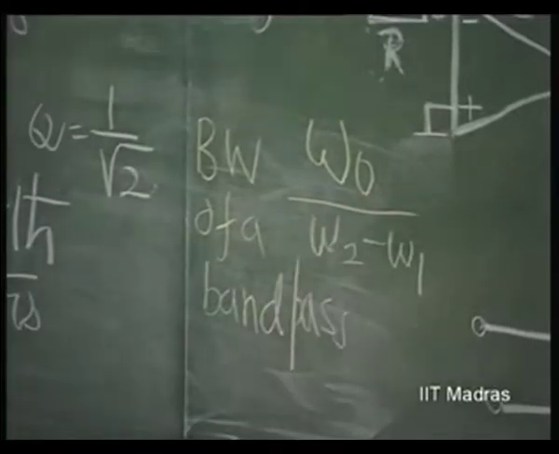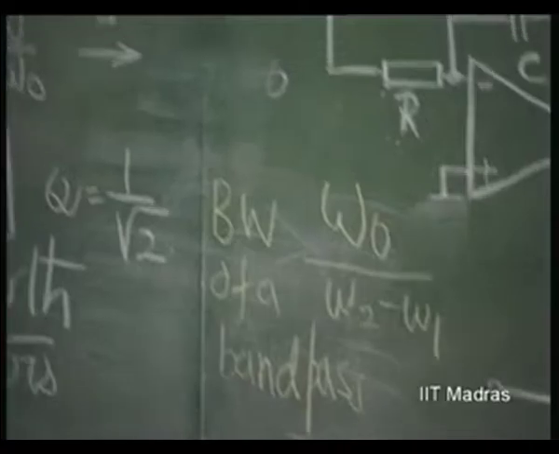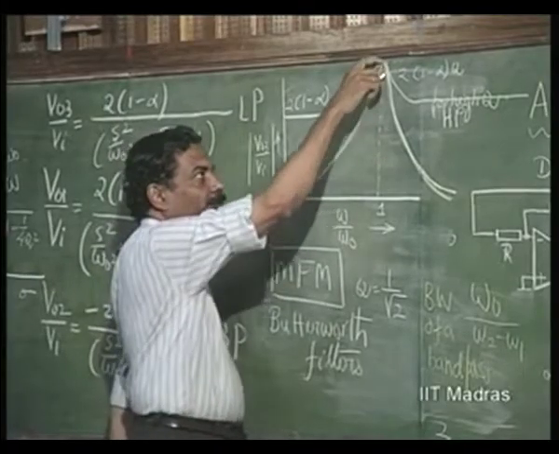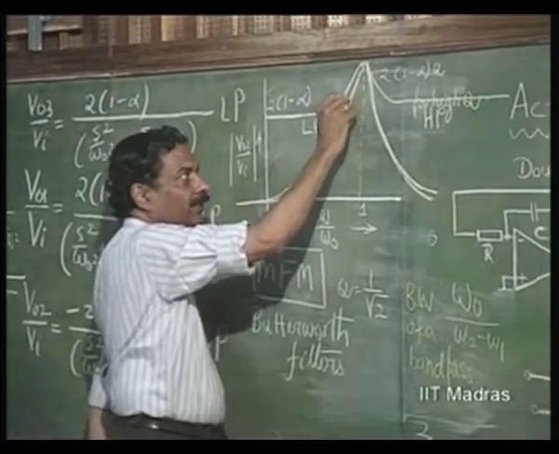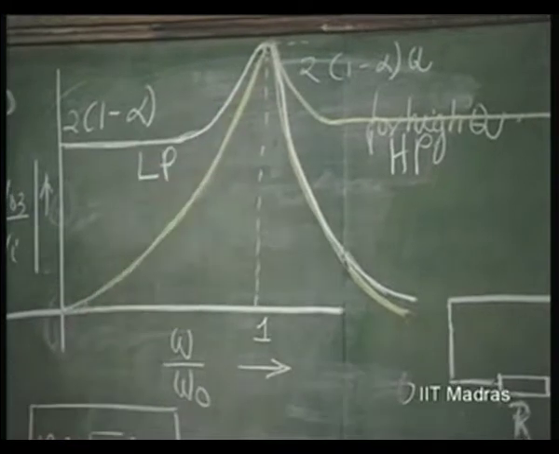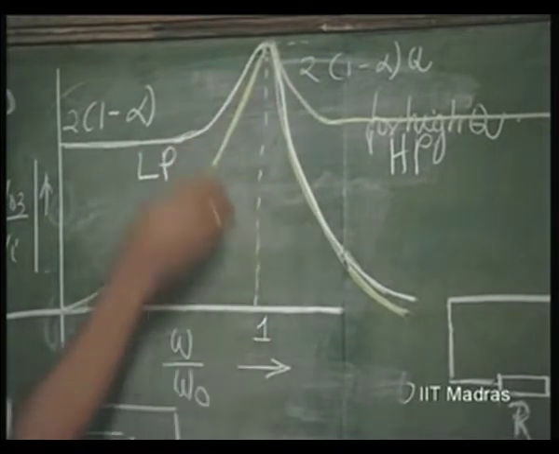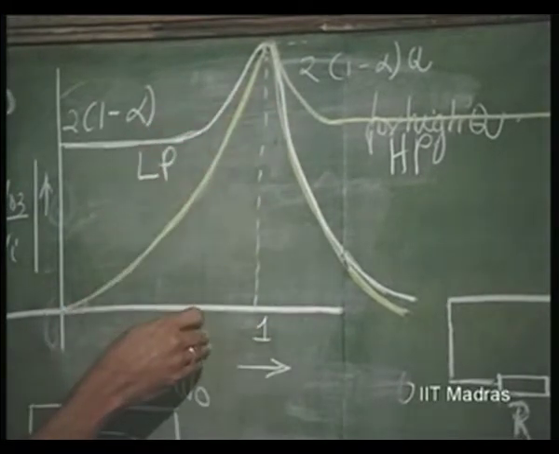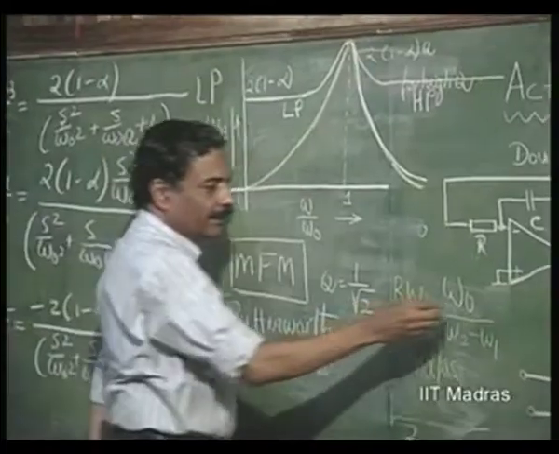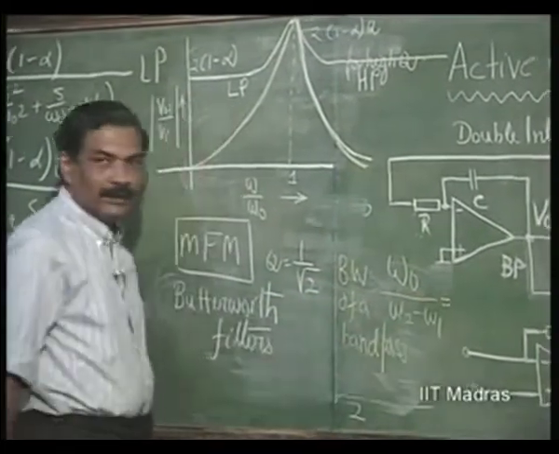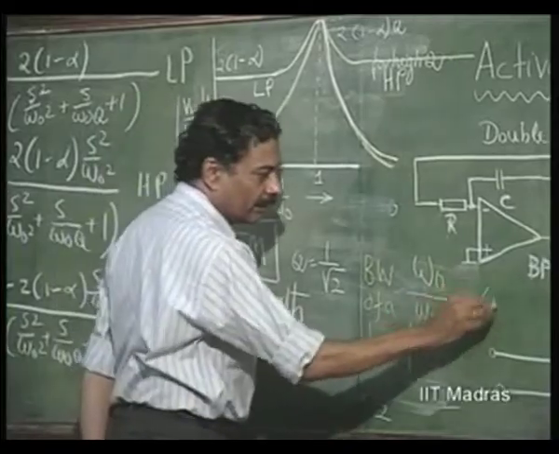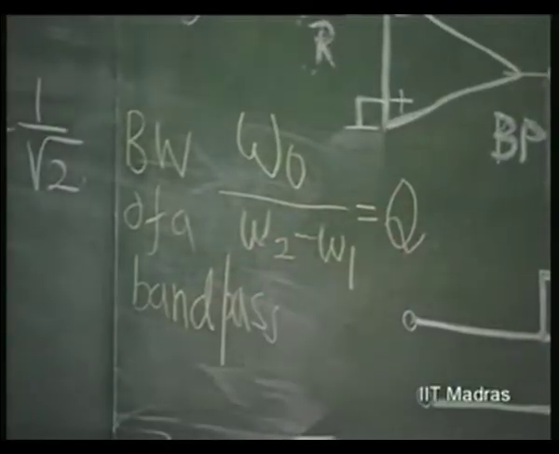That can be defined as 1 over root 2. So, find the peak and find the points at which 1 over root 2 times the peak occurs. One is called the upper cutoff frequency, another is called the lower cutoff frequency, and that you can prove in this case is equal to Q.